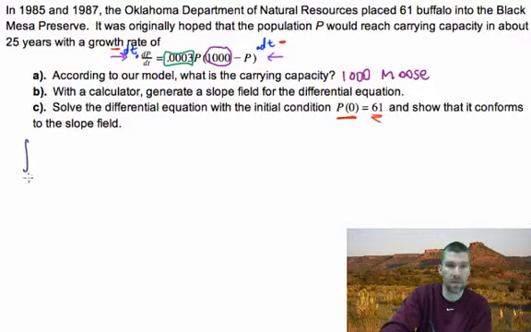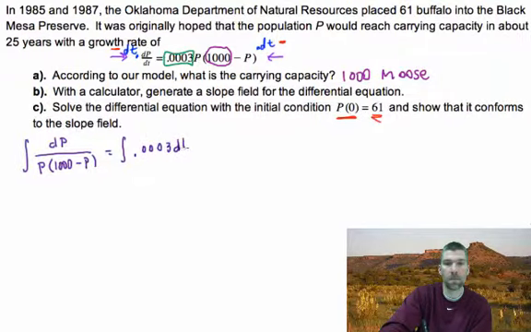Divide by p, multiply by dt, and you end up with the integral of dp over p times 1,000 minus p, which is equal to the integral of 0.003 dt.